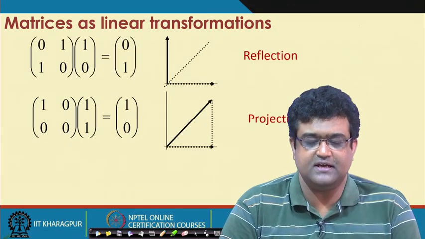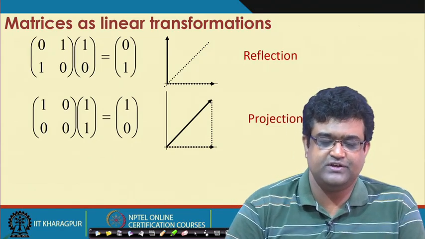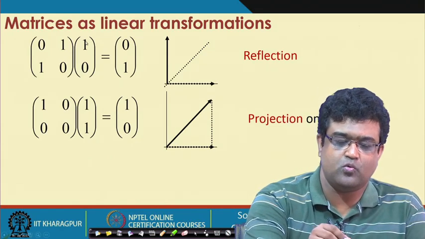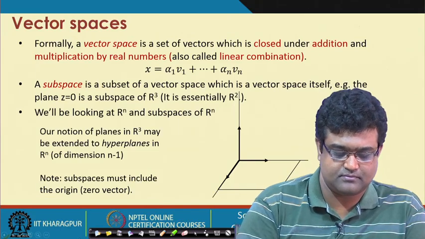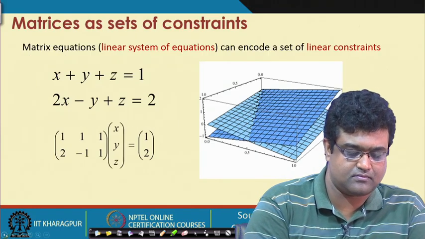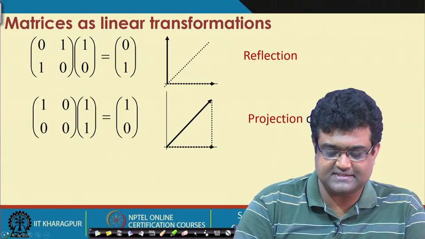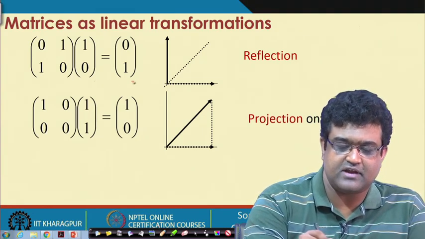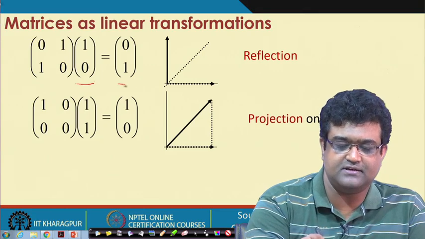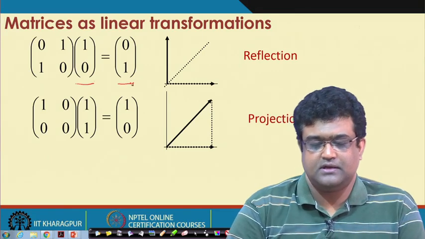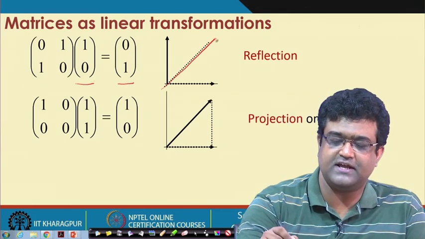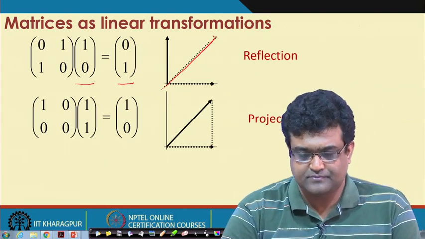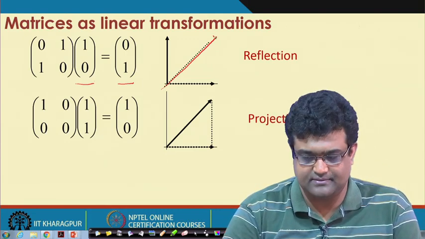Similarly, we can define a reflection matrix which takes the vector 1 0 and transforms it to the vector 0 1. In other words, it is performing a reflection about the 45 degree line.